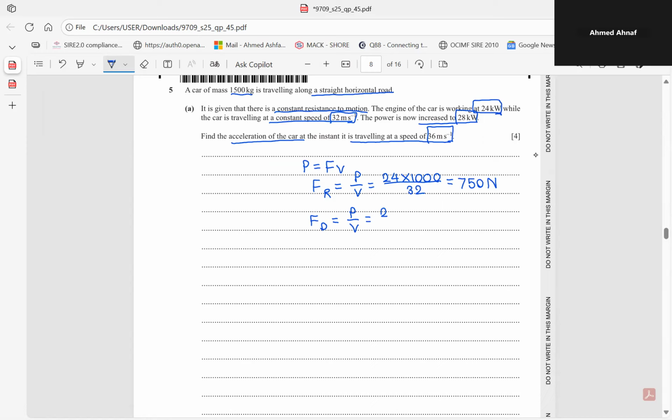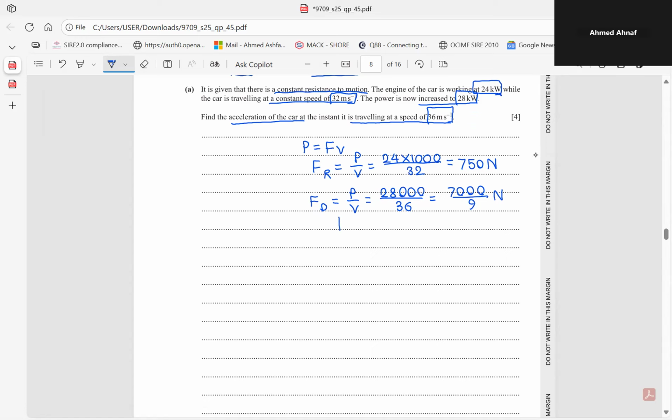So this is going to be 28,000 over 36. That is going to be equal to 7,000 over 9 newtons. And I always like to keep mine in exact form, so that you don't get any rounding errors in your final answer.